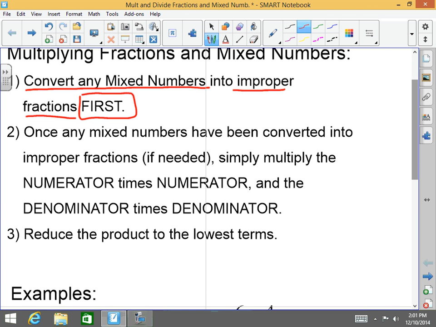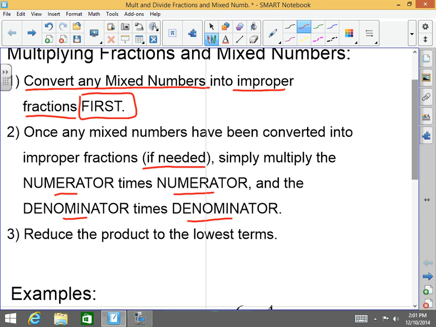Two. Once any mixed numbers have been converted into improper fractions, if needed, if you don't have mixed numbers, you don't have to do that. Simply multiply numerator times numerator and denominator times denominator, and then reduce the product to lowest terms.